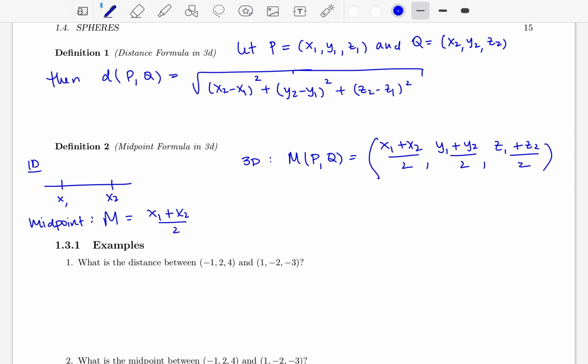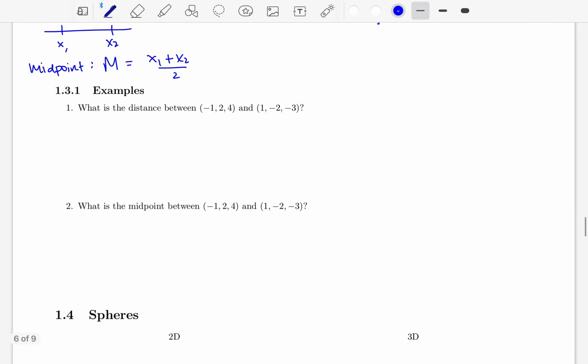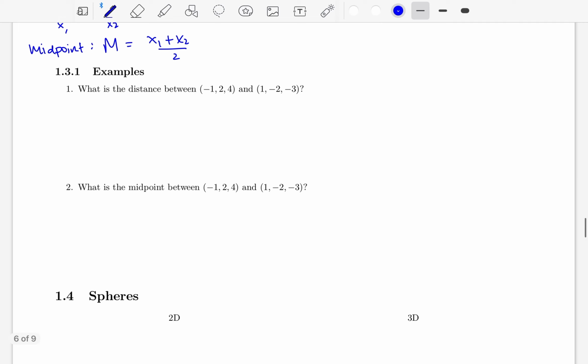Okay, let's do some examples. So what is the distance between (-1, 2, 4) and (1, -2, -3)? So using the formula, I know that this is going to be, I'm going to say this is x1, y1, z1, x2, y2, z2. Therefore, distance is equal to the square root of, I take the difference of each of the components and square them.